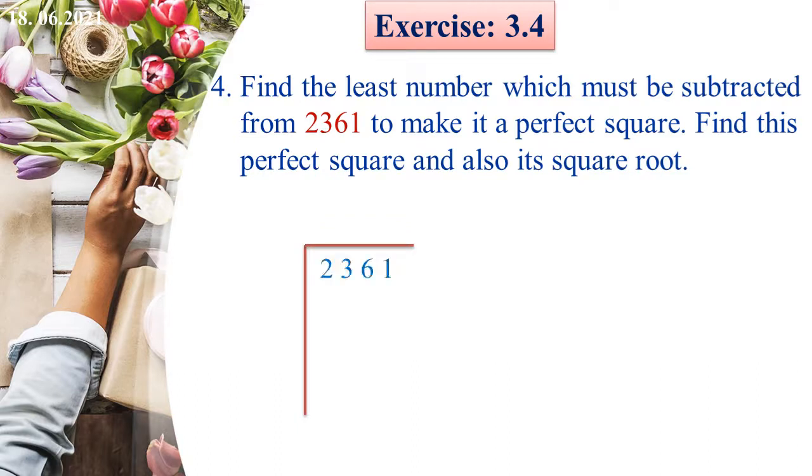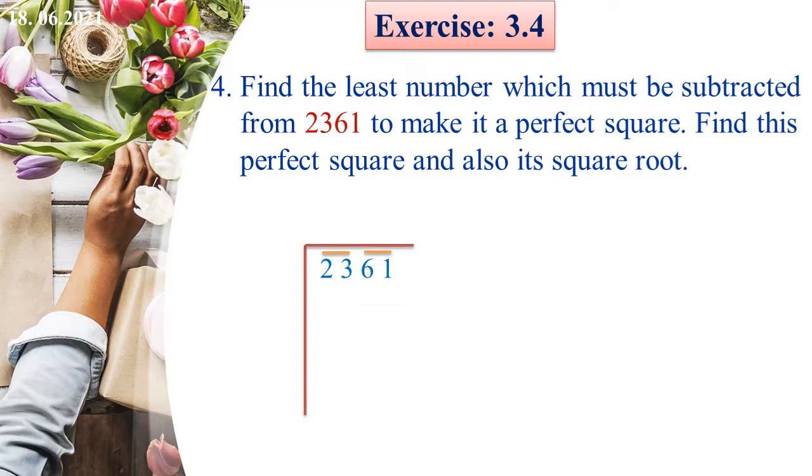Here, 2361 is the dividend. First, mark off the digits in pairs starting from the units digit. Next, we should find the largest number whose square is equal to or just less than the first period.